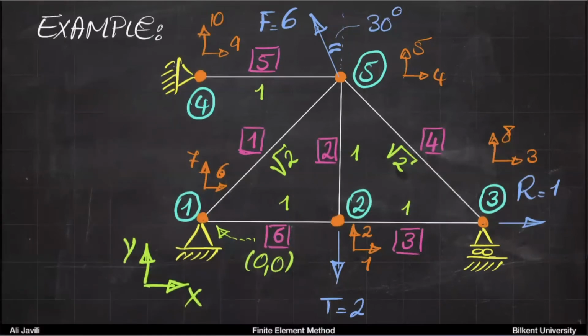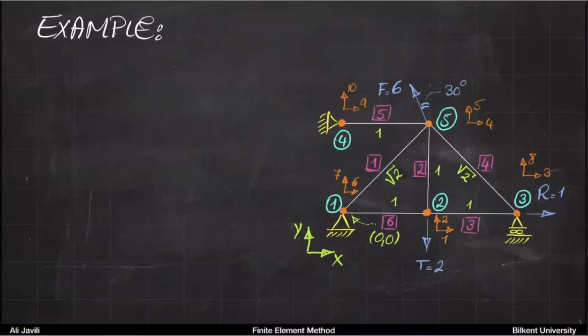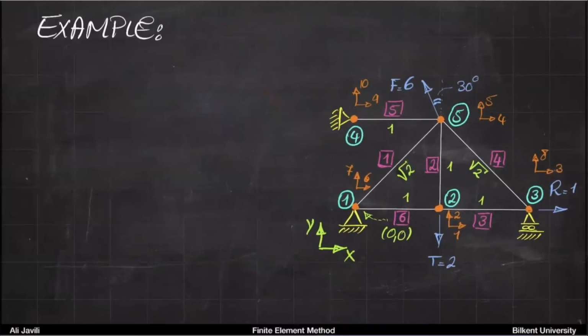I will just take this system, make it small, and then in multiple slides, let's say in the next 6 slides, we will write the stiffness for elements 1, 2, 3, 4, 5, 6, based on what we have on the right side, and then we assemble them in slide 7.